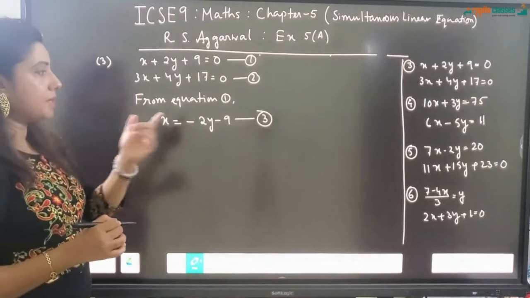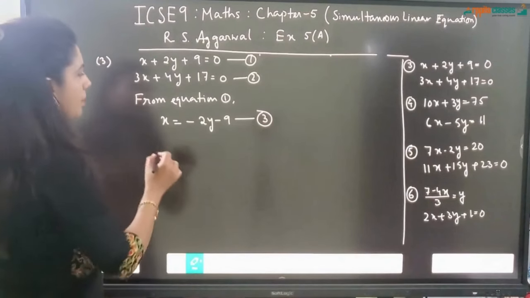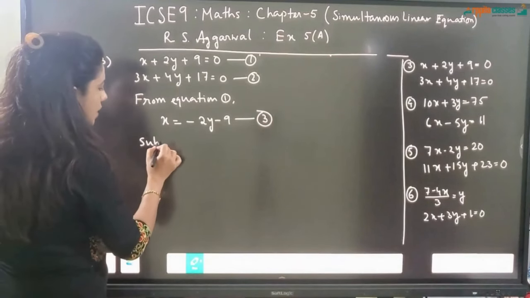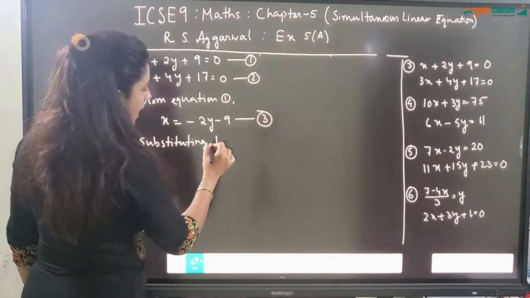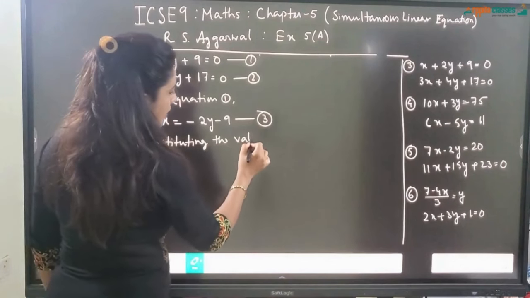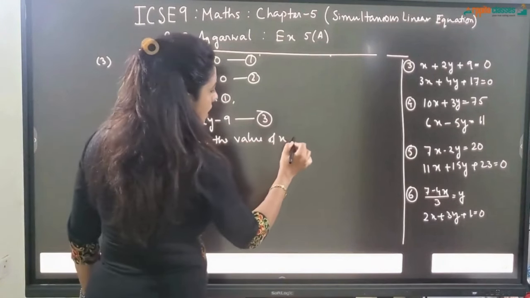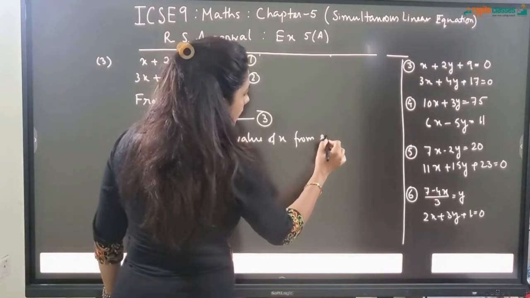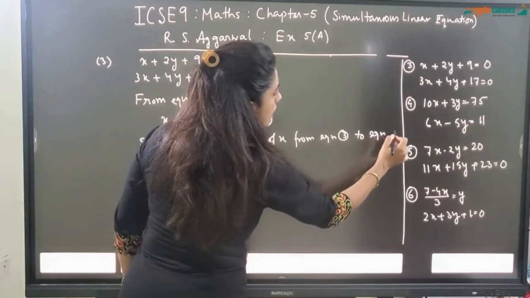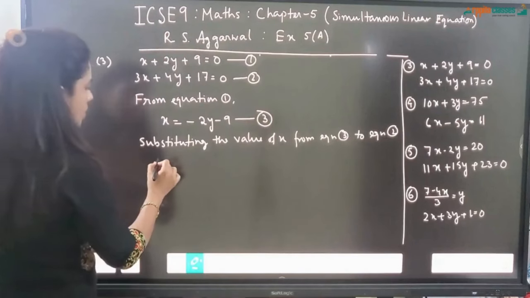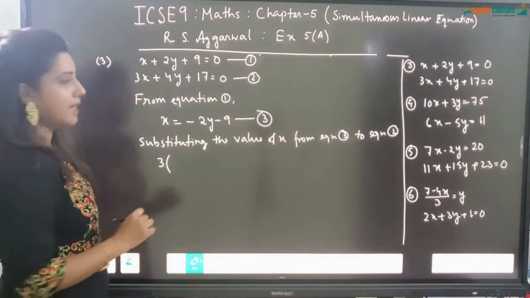Now I will be substituting this value to equation number 2. So substituting the value of x from equation 3 to equation 2. So 3 into x, x is what?